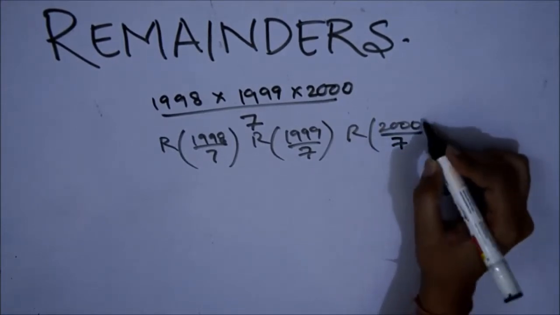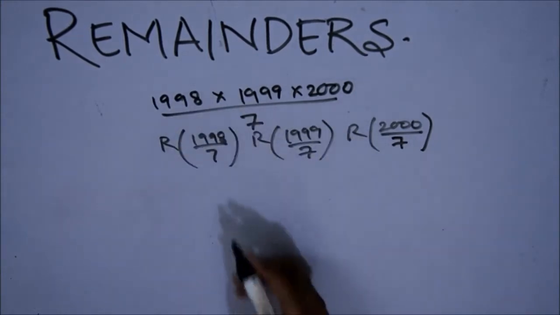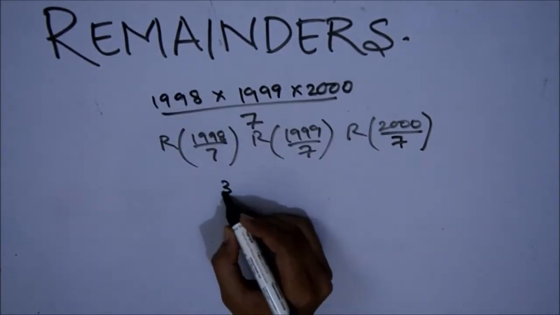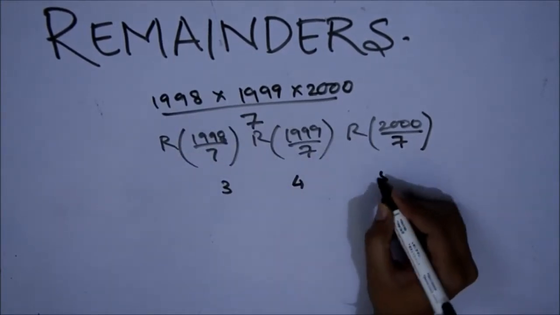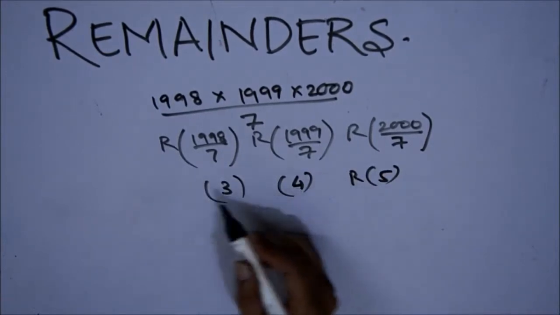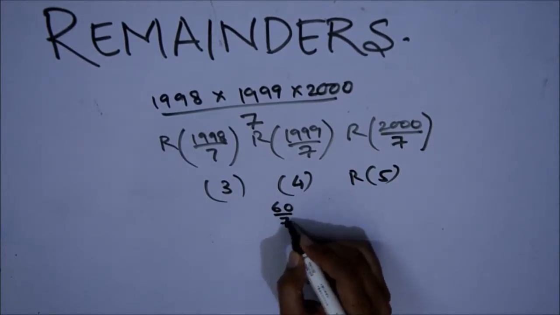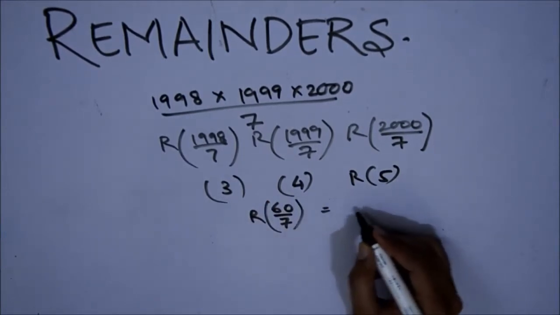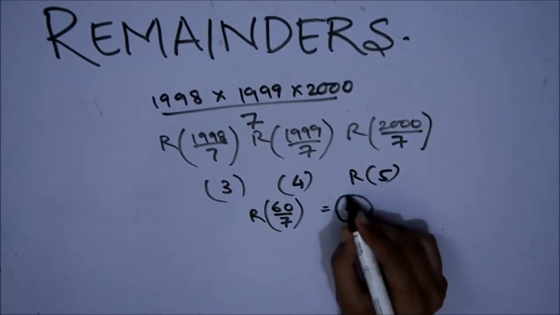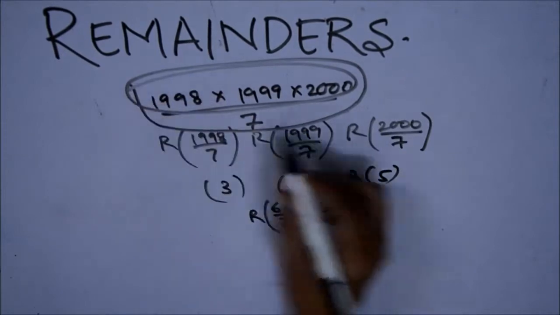Instead of going for the complete multiplication, we find individually. In this case it is 3, in this case it is 4, in this case it is 5. Now 5 into 4 is 20, 20 into 3 is 60. So the remainder of 60 by 7 is 4. So 4 is the remainder when this complete number is divided by 7.